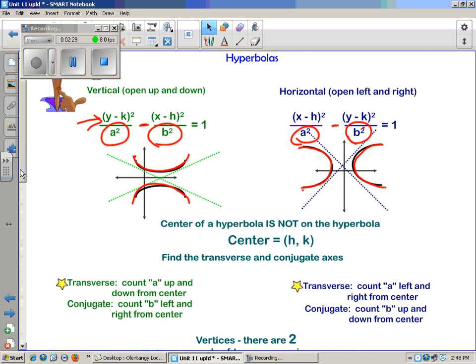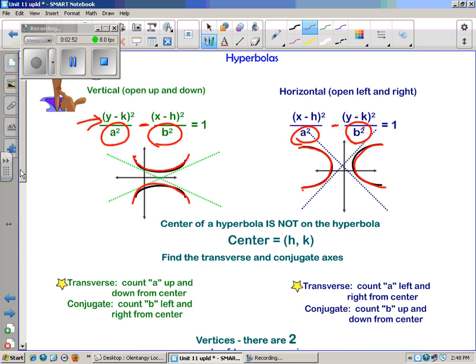All right, so to talk a little bit about the pieces of a hyperbola, first of all, there's a center, (h, k), just like every other thing we studied, ellipses and circles and everything. But in a hyperbola, the center is not actually on the hyperbola, because there are two of them.